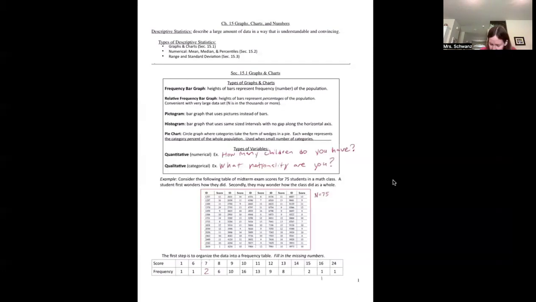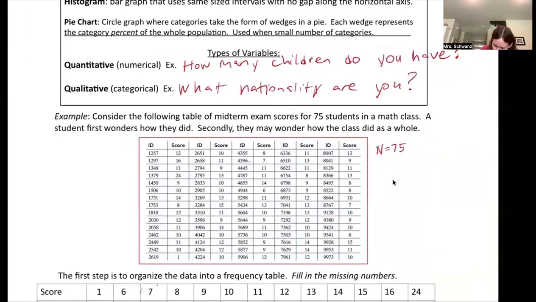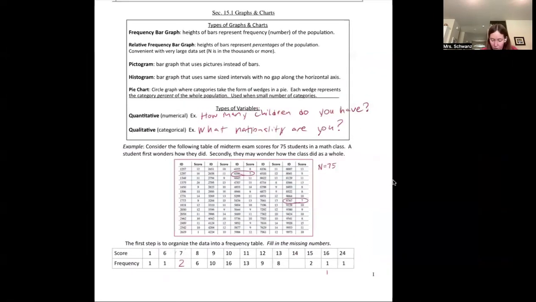I see one 7 here and one 7 here. I don't see any other 7s, so I think there are 2 7s.